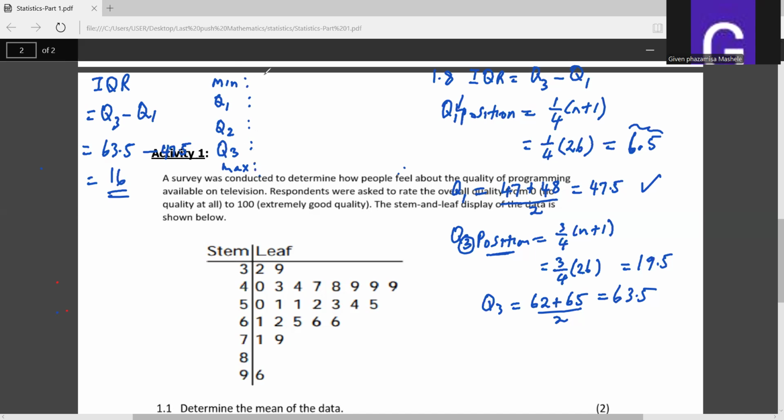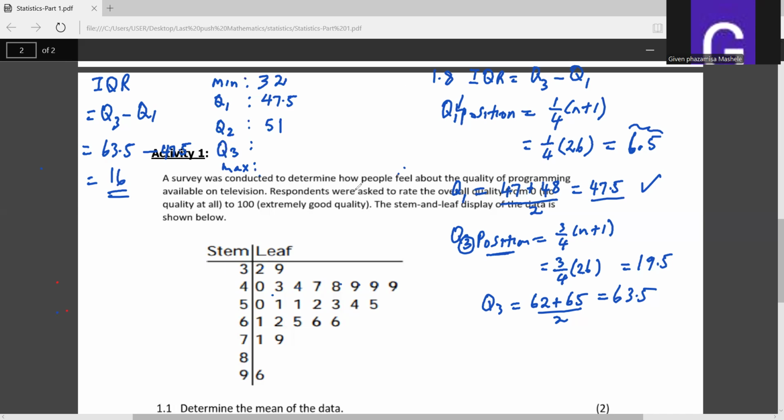Already the minimum is 32. Then the lower quartile we have calculated now is 47.5. And the median we got to be 51. Remember, it was at position 13. Just 1, 2, 3, 4, 5, 6, 7, 8, 9, 10, 11, 12, 13, which is 51.